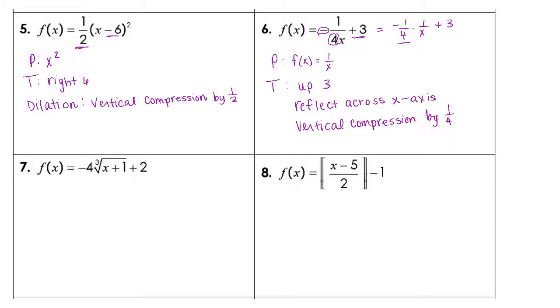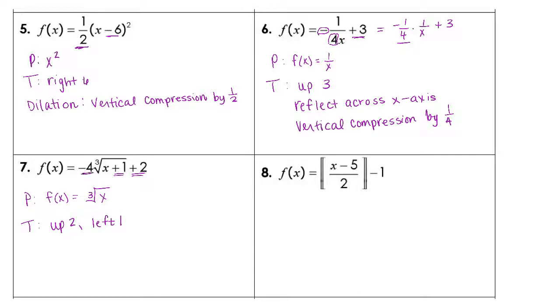All right, so moving on to number 7. So again, our parent function that we see here is going to be our cube root function. And our transformations here, we're going to move up 2. We are going to move left 1.